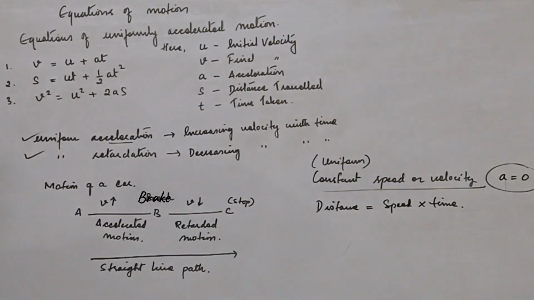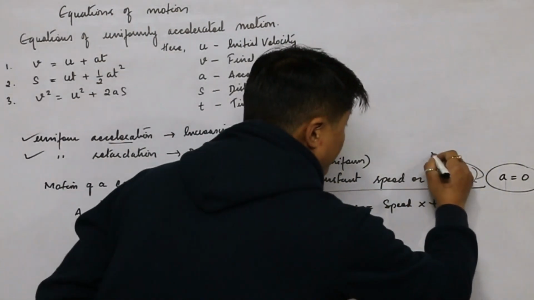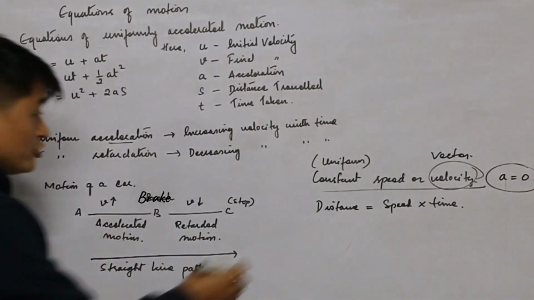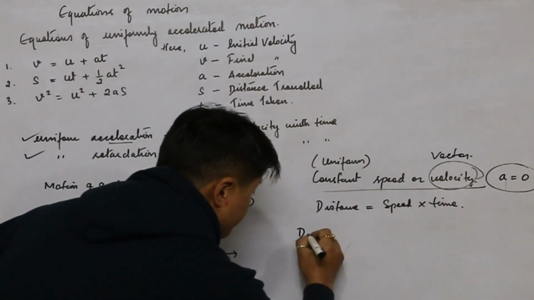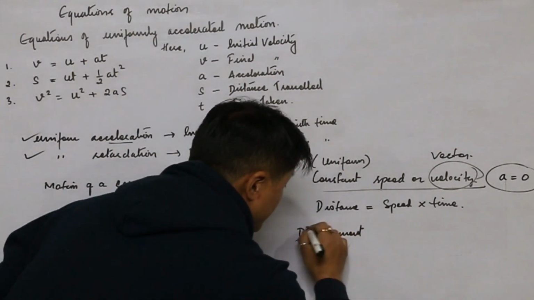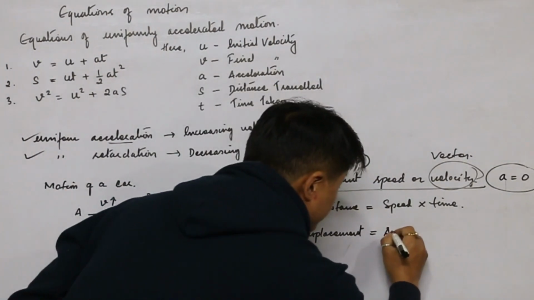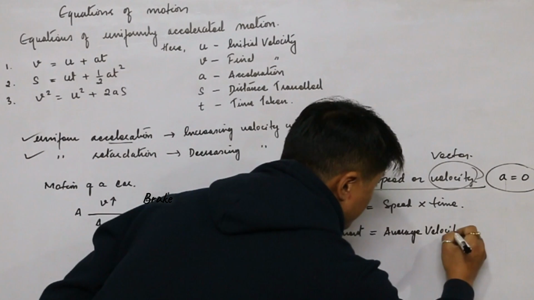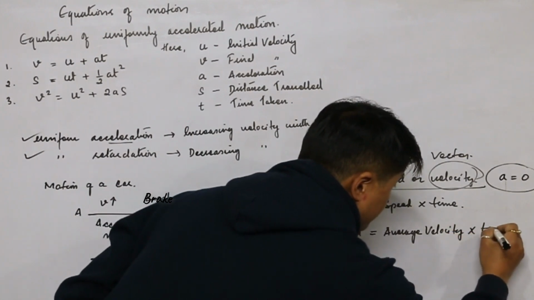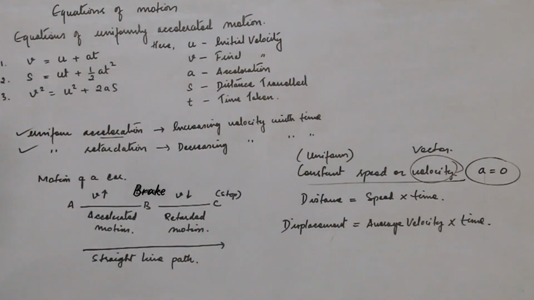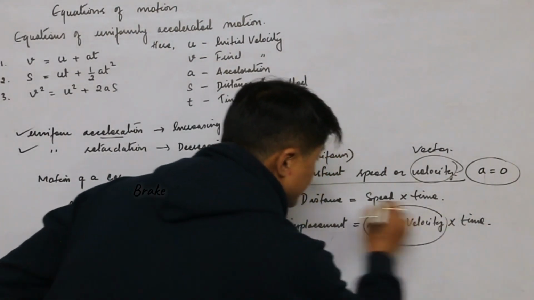Okay, and since velocity is a vector quantity, if you have to find the displacement, it is your average velocity into time. With this formula we can directly find the answer. Okay, and we have to know what is average velocity.